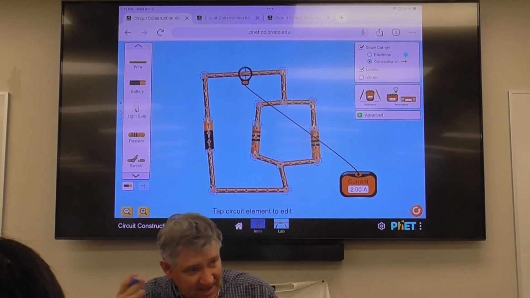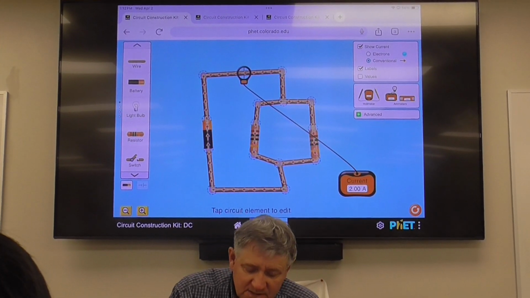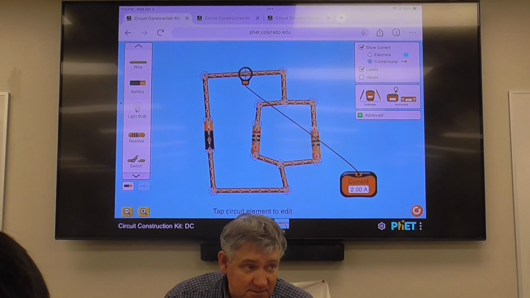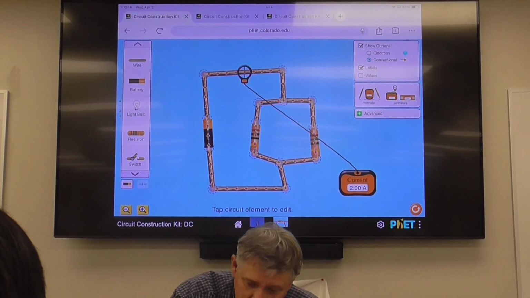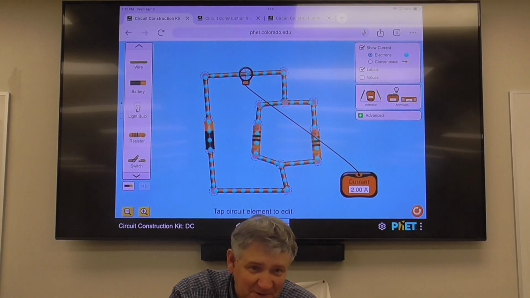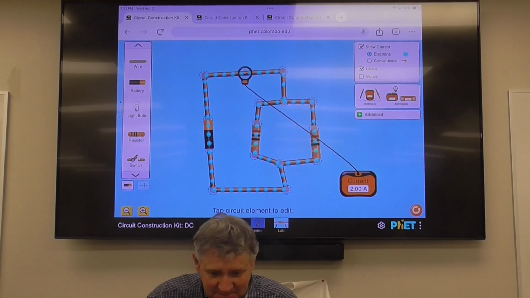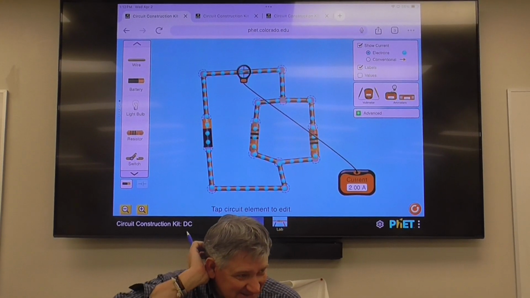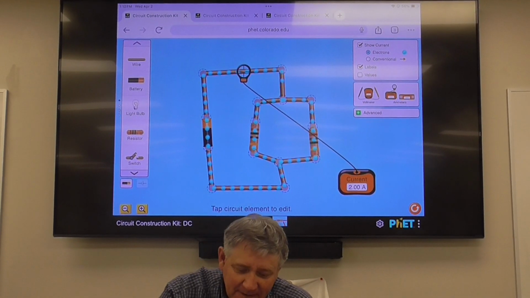Doesn't matter, notice that the amps just stay the same. Do you want conventional or electrons? Both. Well, we can't have both. It's one or the other, because then they're just going in opposite directions, and it cancels out and nothing happens.